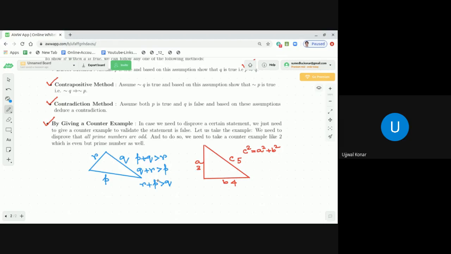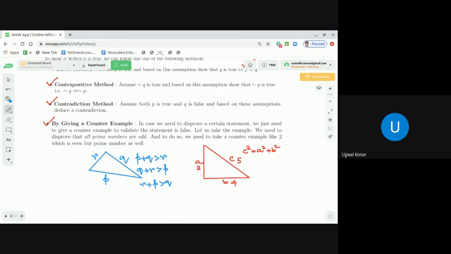Now the point is that if you have been given three values, and you have been asked whether you can construct a triangle or not, we just take one counter example. If you are able to show that the sum of any two is less than the third one, then you can say it is not possible.